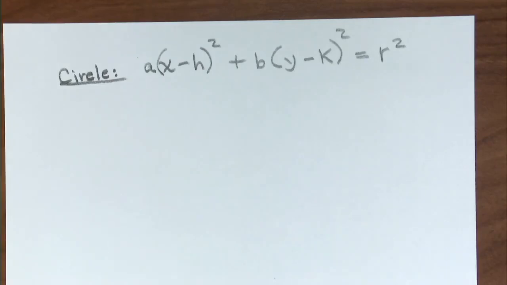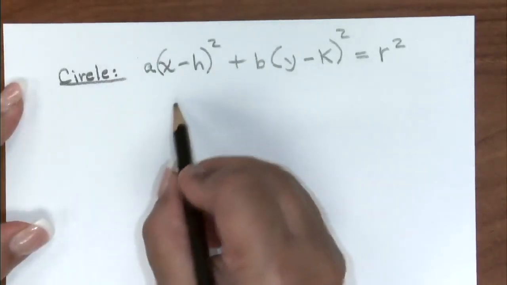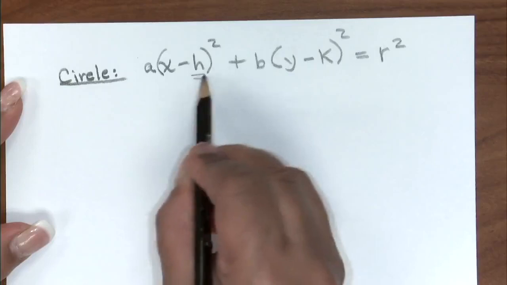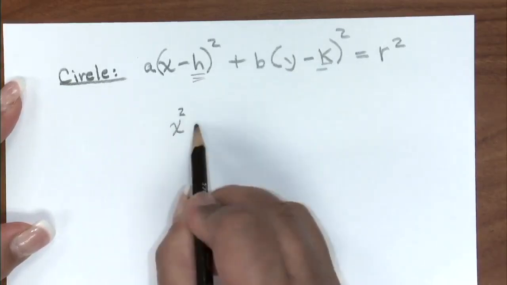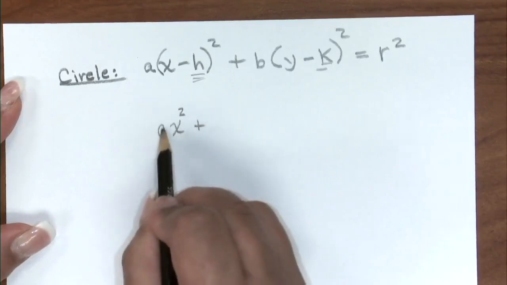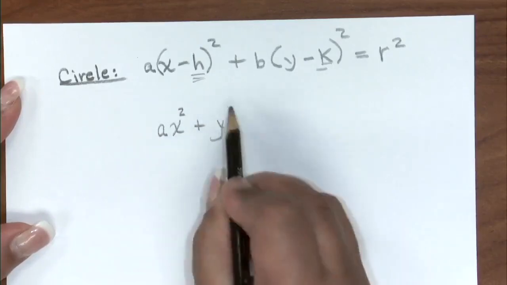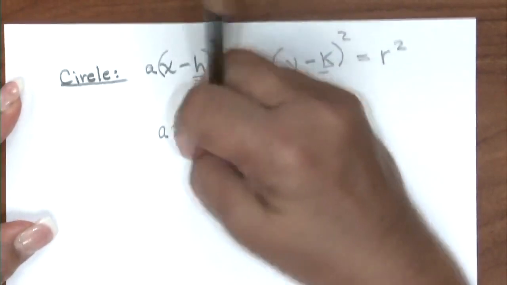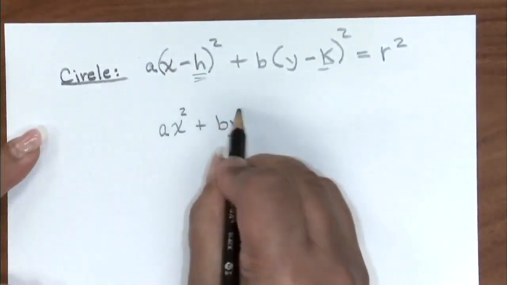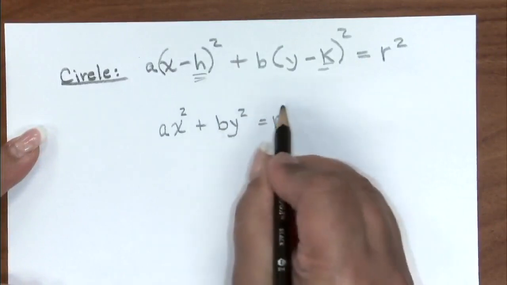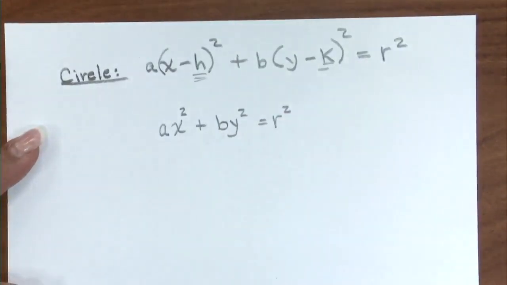If you want to talk about what it looks like when there's no shifting of H and K, then in its most basic form, it would be written like this. Okay, and here's some things that have to be true.